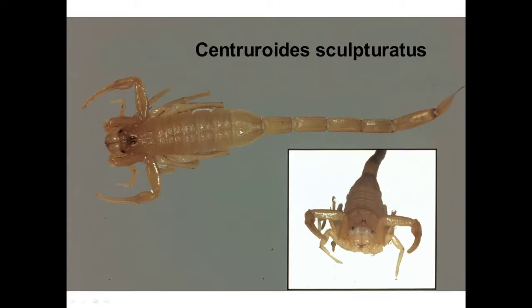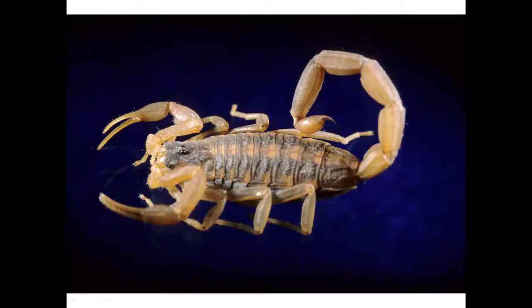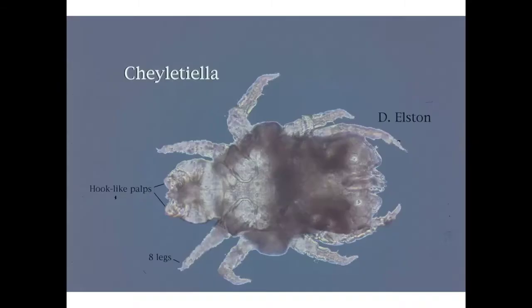But this is one in the U.S. that is a potential problem, and this is the related Centruroides vittatus, which is all over the South. We have Centruroides up into Huntsville, Alabama, and the whole southern tier of the U.S. has them, but they're not real bad, other than just a sting.